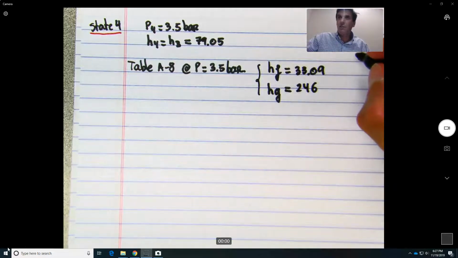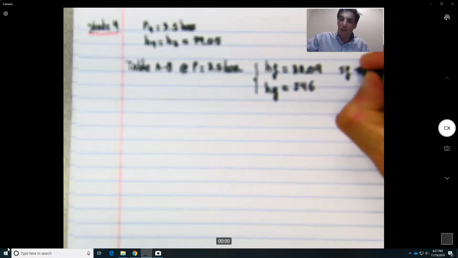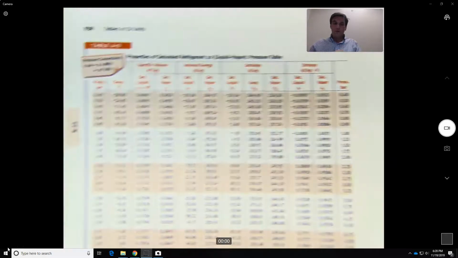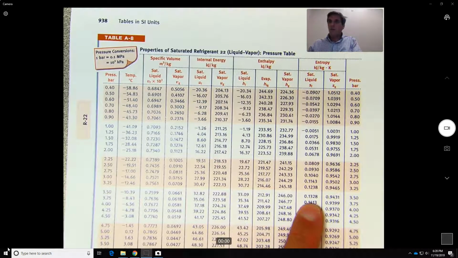And similarly, probably we can do it now. S fluid is equal to 0.1328 and S gas is 0.9431.